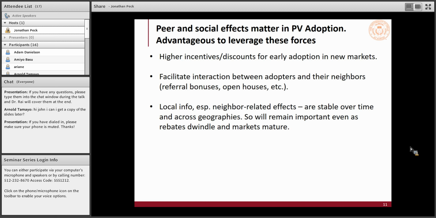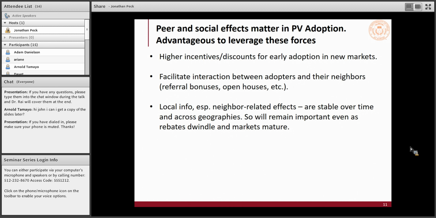And the other thing, and this is some recent work we have done. I am not presenting details of that, but I'll note that we have studied different markets and found that the way peer effects play out and their stability is very, very striking. The importance of local information sources is quite persistent, even after rebates have dwindled and markets have matured or continue to mature.